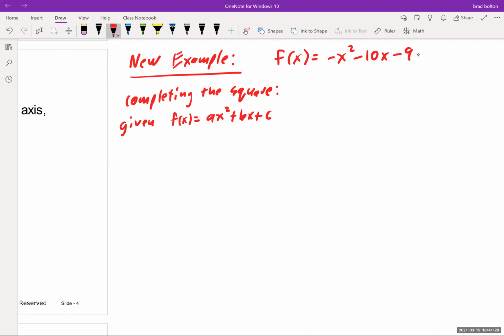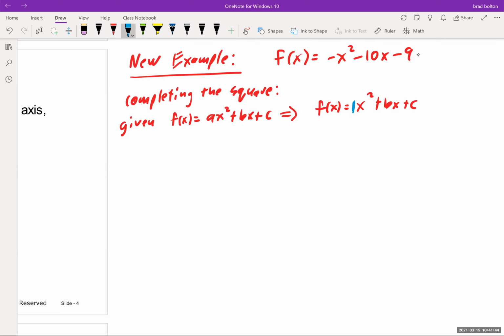If you have it in this form, you want it to be like this. You want it to be f of x equals x squared plus bx plus c. So the way I'm going to teach you to complete the square is there must always be a 1 in front of the x squared term.